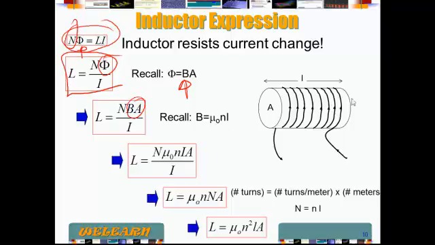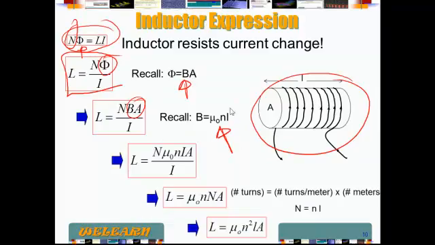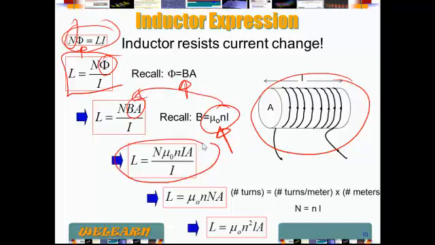And then if my coil is like a solenoid, so it's going to be like this. If we plug in B in here, what we are going to get is L equals N mu 0 N I A over I. Notice that the I's cancel.